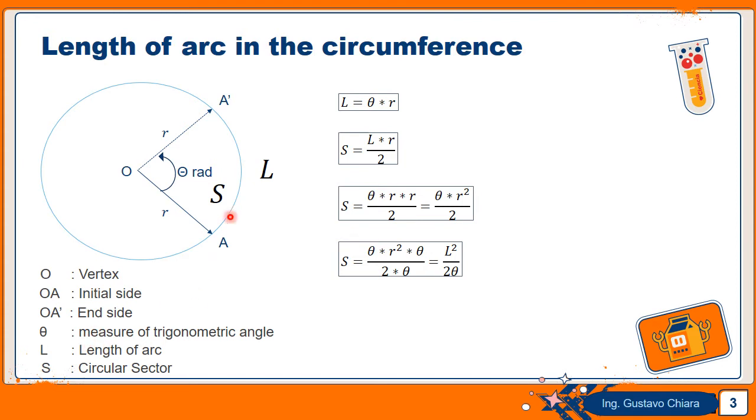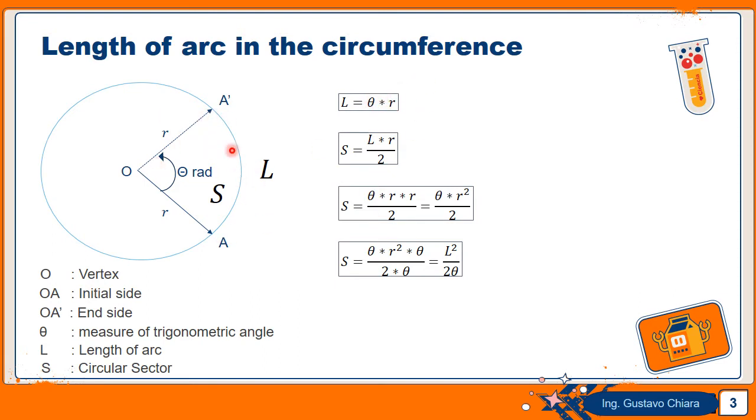L is the length of arc, and S is the area of this circular sector. Well, the expression that we need to know is that the length of arc is equal to the angle theta multiply the radius r.